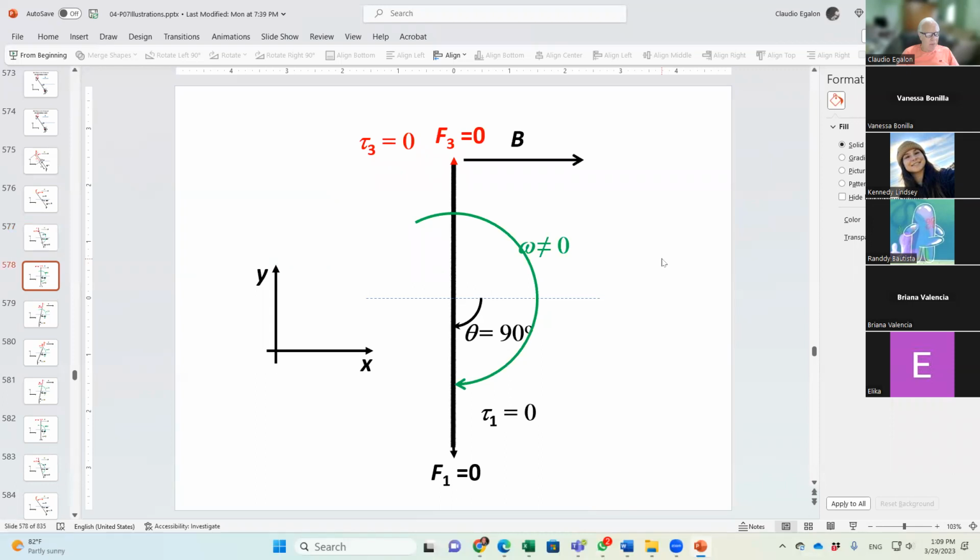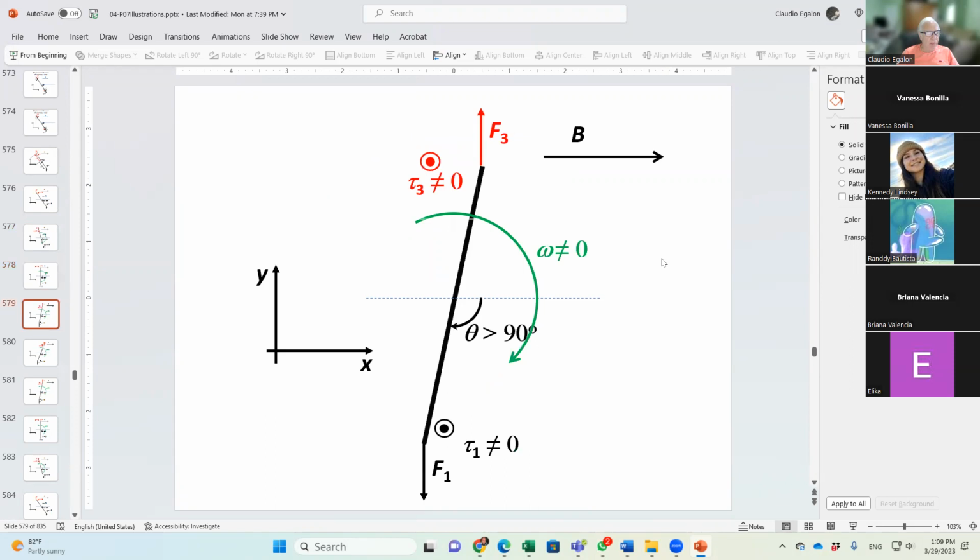It passes through this position of equilibrium in which the force is 0, but because of the inertia, the loop is going to overshoot this position of equilibrium, right? And now the torque inverted direction as well. Notice that the direction of the torque is contrary to the direction of motion.